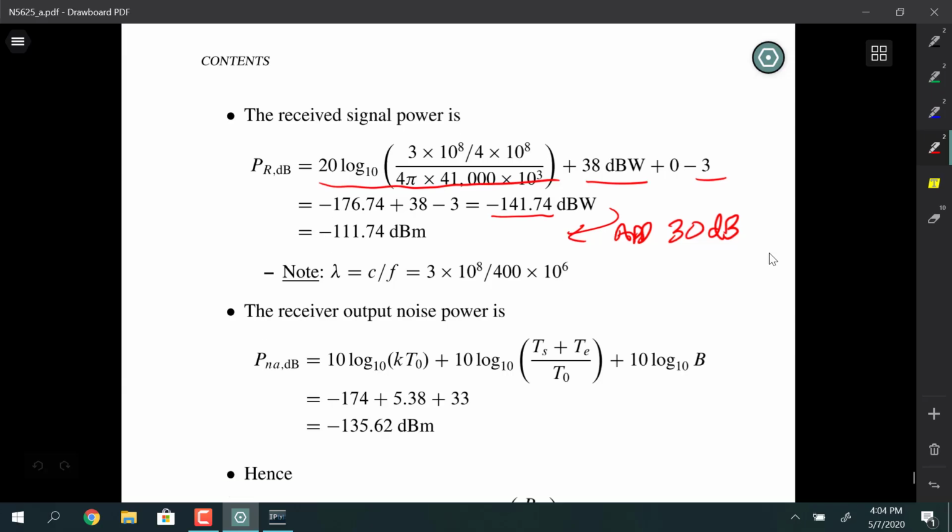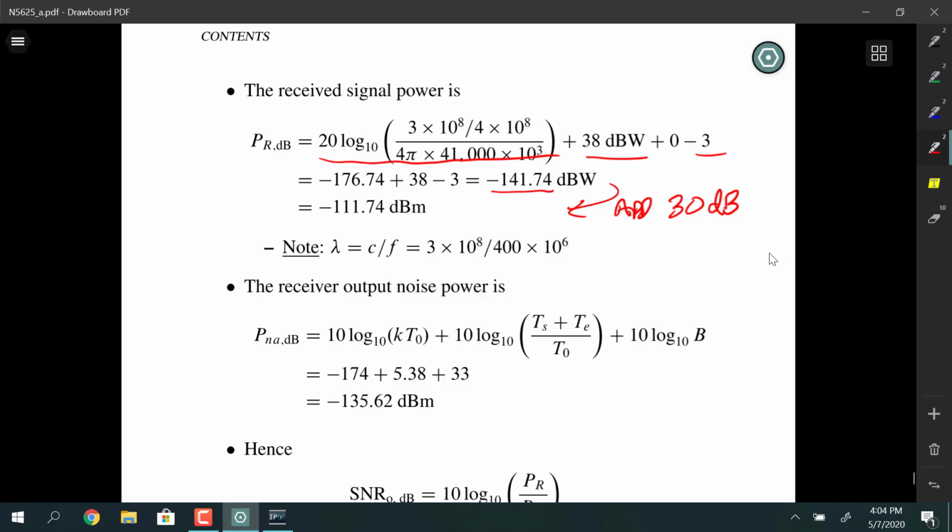And side calculations are C over F, speed of light in a vacuum, 3 times 10 to the 8th over the 400 megahertz. Then the second calculation, so this is number 1. Second calculation is the noise power at the receiver, and that doesn't involve anything with the antenna gains, the path loss, or anything.